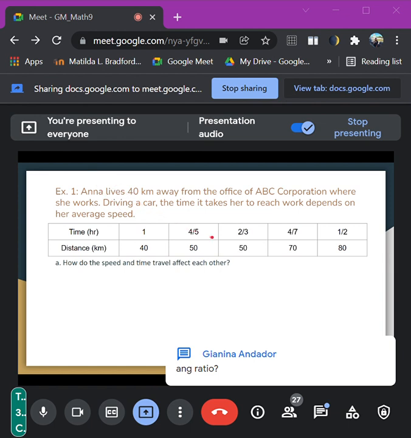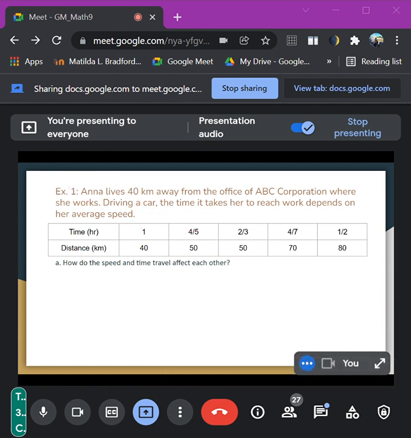Yes, so what happens to the ratio? So sa atong makita diha, class, 40, 50, 60 ni siya sa 60, 70, 80. And then yang oras kay 1 hour and then 4 over 5, 2 over 3, 4 over 7, and then 1 half.